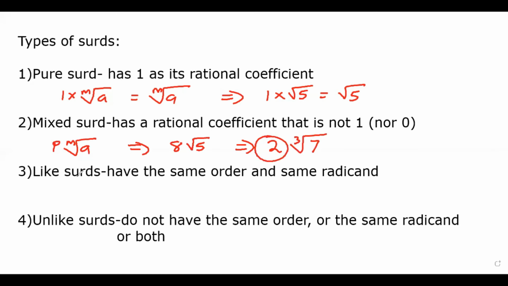The next one we have is like surds. Like surds have the same order and the same radicand. So for example, let's say we have p m root a and q m root a.